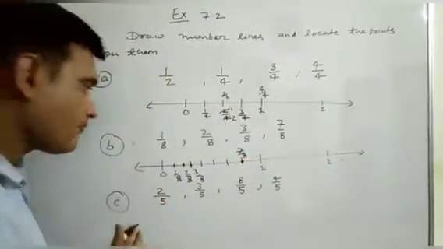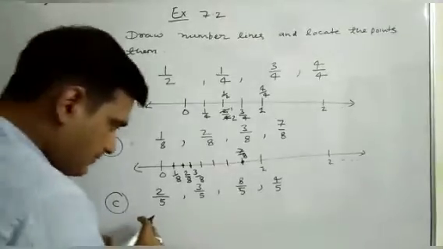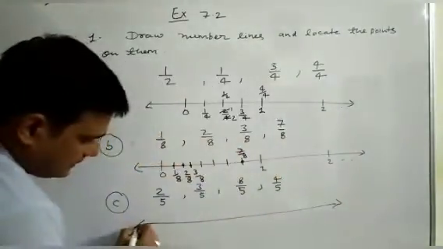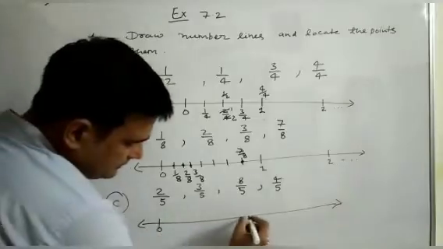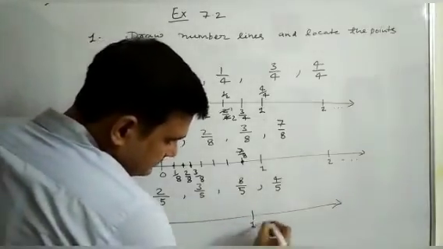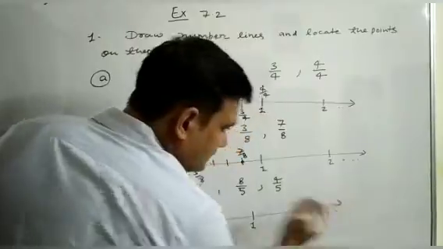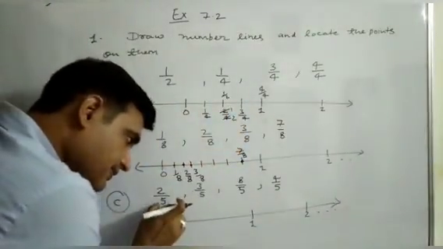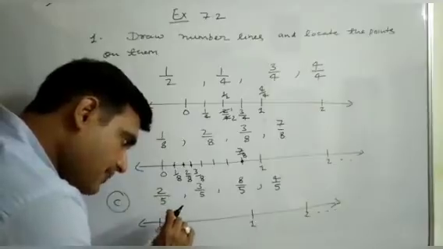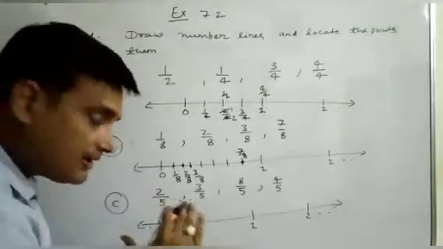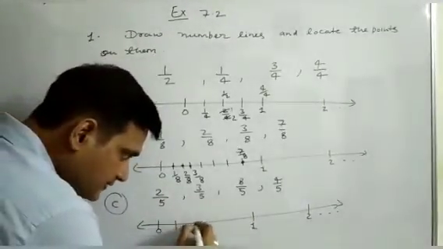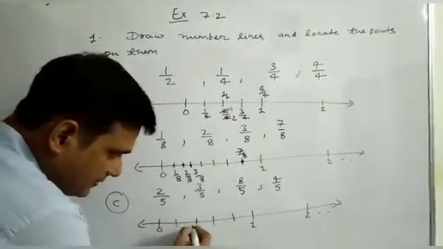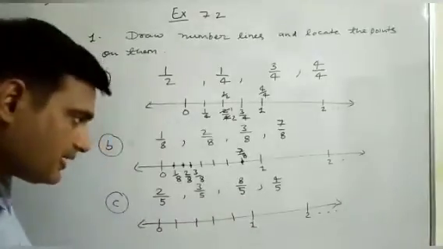Okay. Now come to question number C. First we draw again a number line. We take 0 and 1, 2 and so on. Here you see that the denominator is 5. Now we divide the gap between 0 and 1 in 5 equal parts. 1, 2, 3, 4, 5. 5 equal parts.